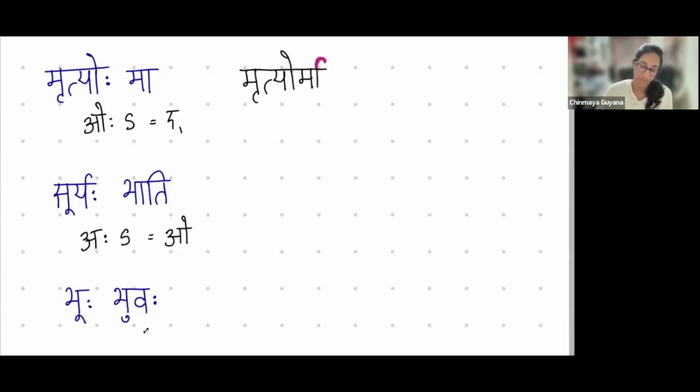So my visarga is going to turn into the O, and the R moves from the Y to the O. If R gives you trouble, then you're in big trouble for Sandhi, because R is super common in Sandhi as a halant.